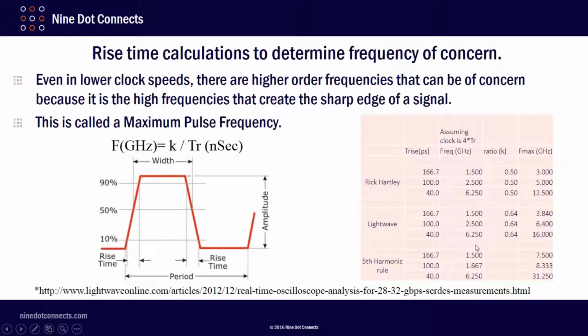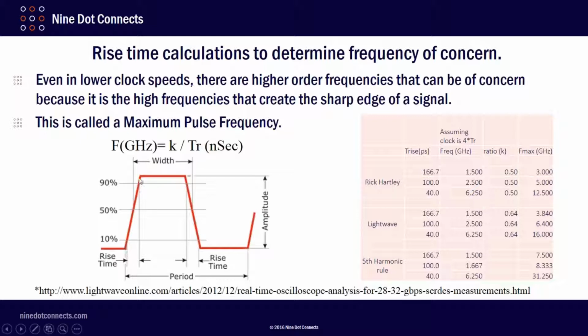Now I've created a table over here for you to see different values of K. Now Rick Hartley would suggest that you use a K of 0.5. Understand that even though most people talk about a rise time as 10% to 90%, for ease of calculation, I just said from 0 to 100% is the rise time. The total period is going to be 4 times that.